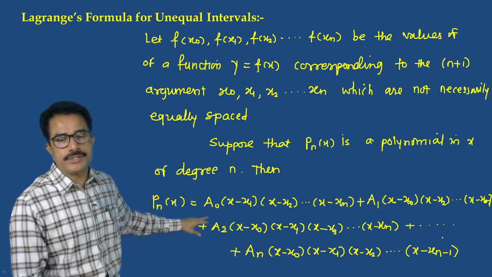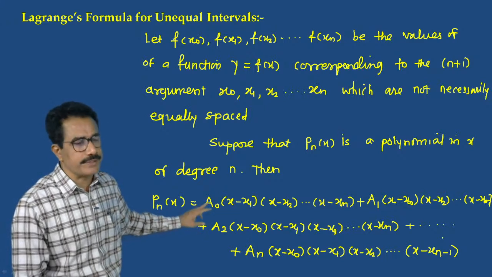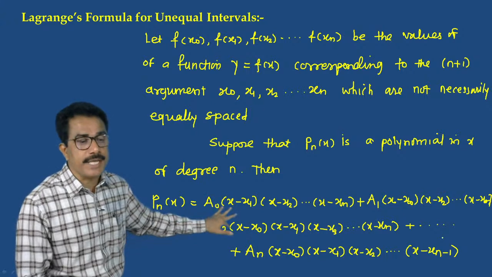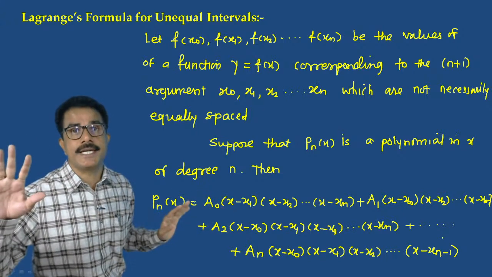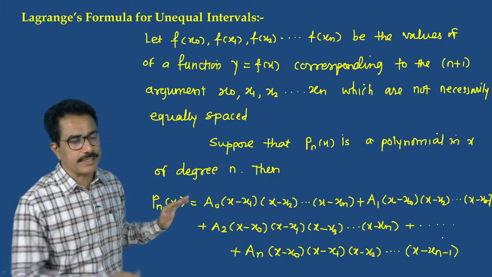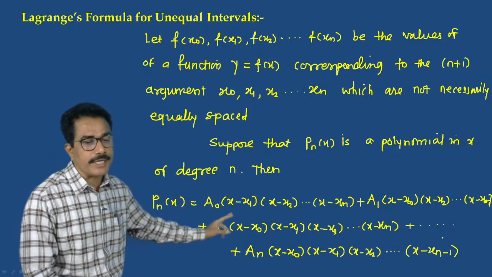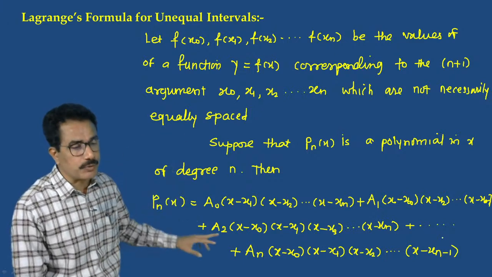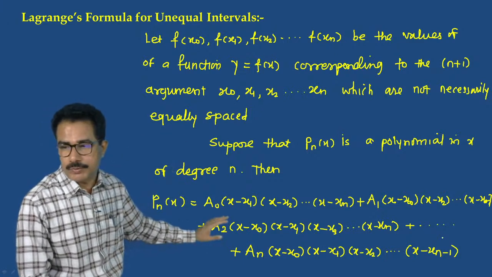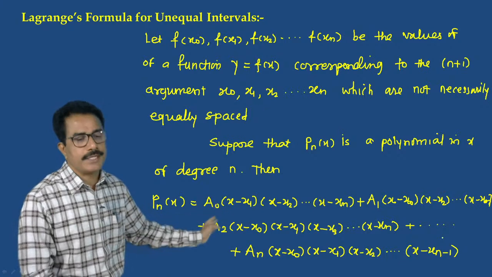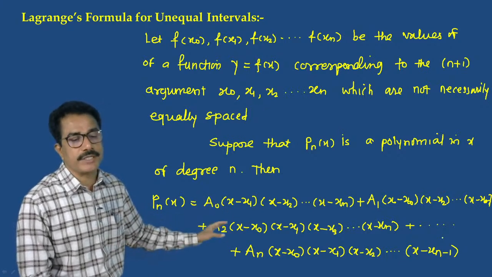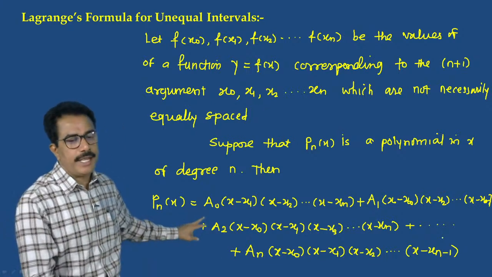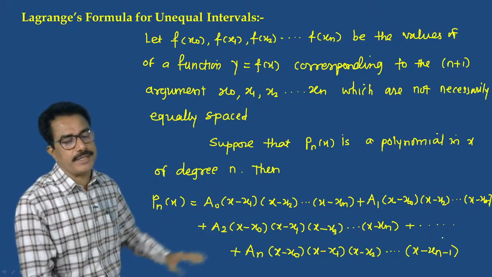Now a2, the third coefficient: a2 into x minus x0, x minus x1, remove x minus x2, and only take x minus x3, dot dot dot x minus xn. In this way we can go up to an, which takes x minus x0, x minus x1, x minus x2, dot dot dot, but not x minus xn; only up to the one before, x minus xn minus 1.